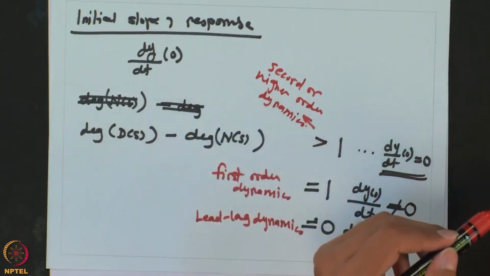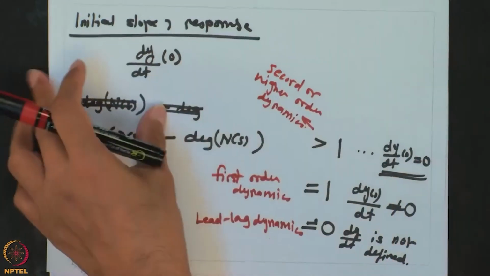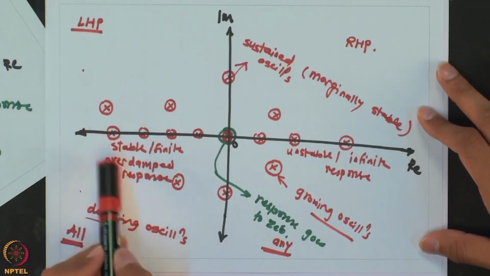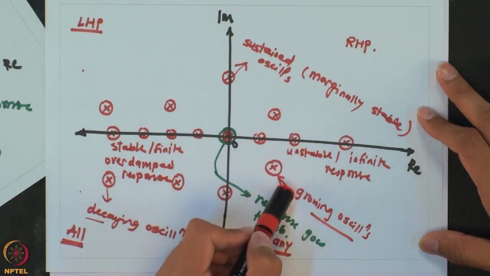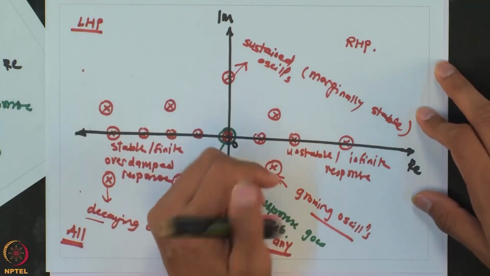So, by knowing the initial slope or how the response starts, then looking at whether you have overshoot or inverse response, and then also combining it with whether you have stable response, overdamped response, decaying oscillations, growing oscillations, all that in combination you would be able to predict the response of any transfer function for a step change.